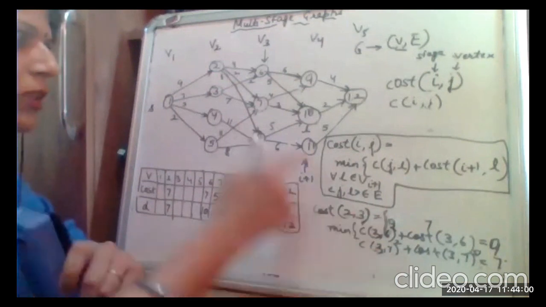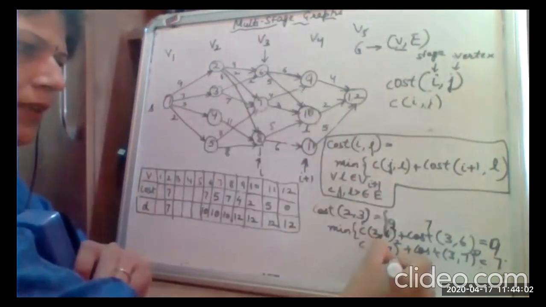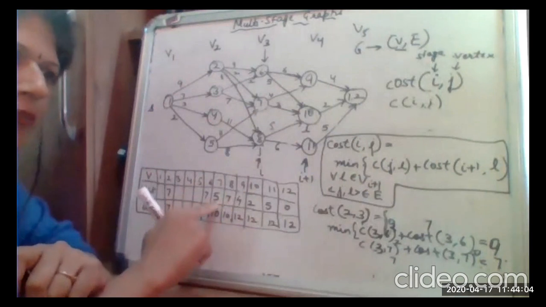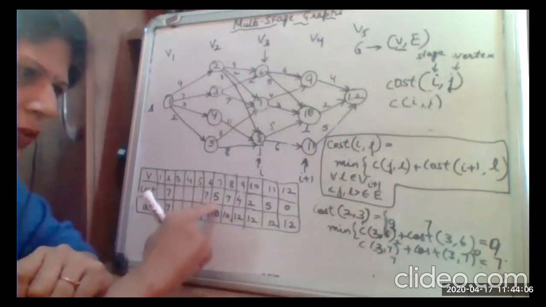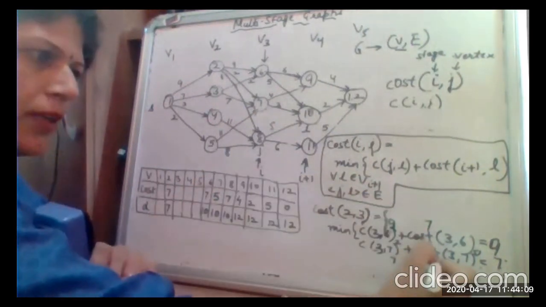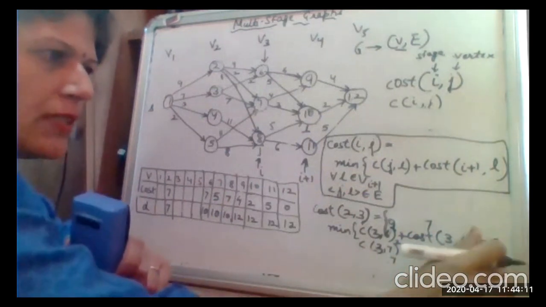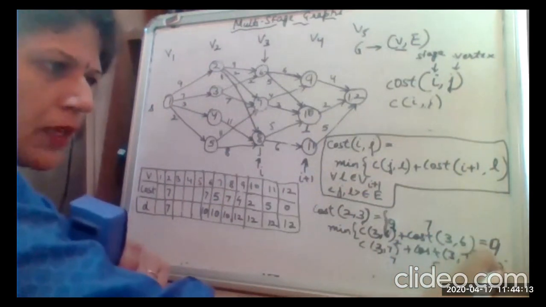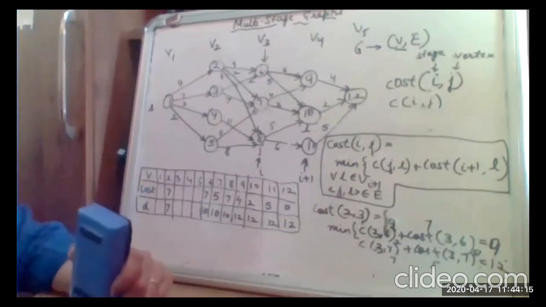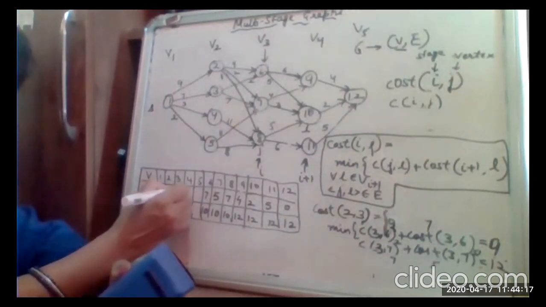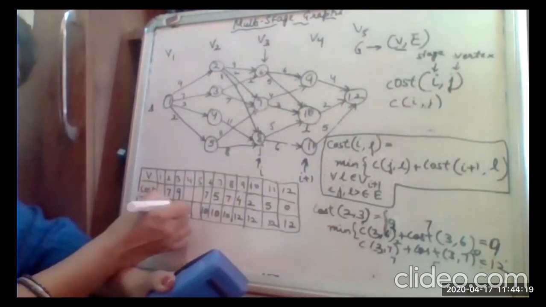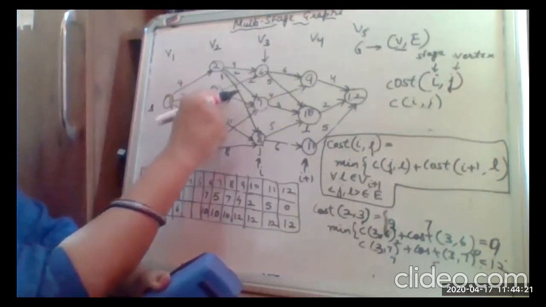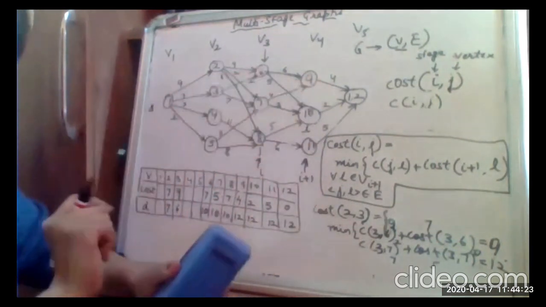Cost of the edge 3 to 7 is 7 plus cost of the third stage, seventh vertex is 5. So 7 plus 5 is 12. So the minimum value that you get here is 9, and that is because of the sixth vertex. Yes, if you take from here, you get 9.